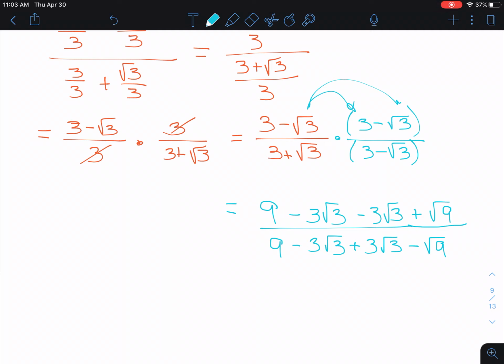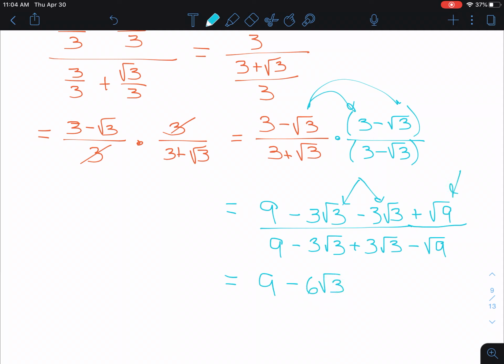Okay, so now I'm going to simplify this. So this 9 is not going, nothing's going to happen there just yet. These two, when I put them together, remember they have the same radical, so I can add or subtract them. So negative 3 and negative 3 gives me negative 6, and then root 3.